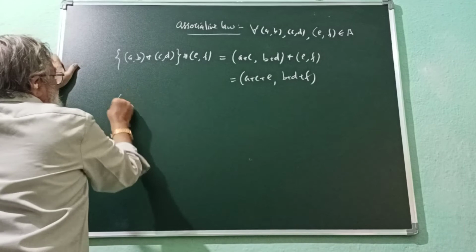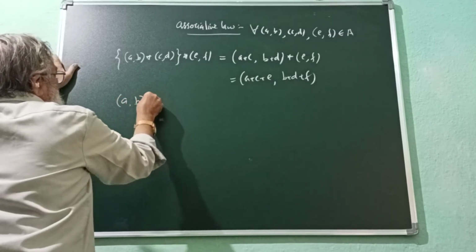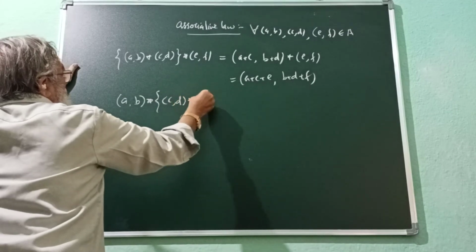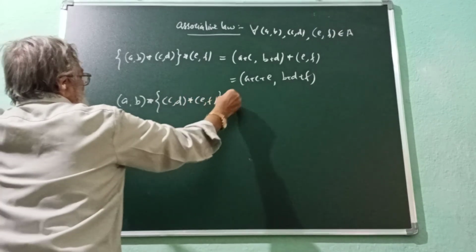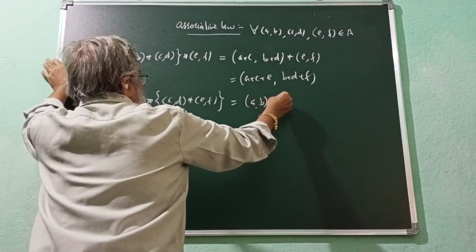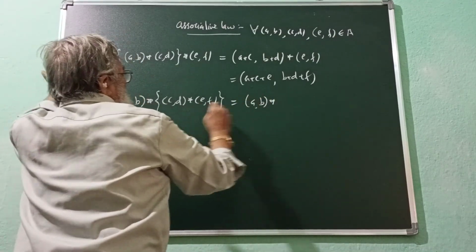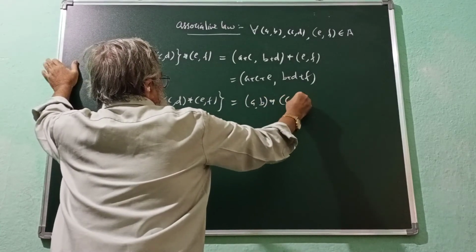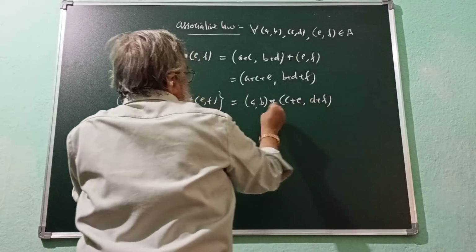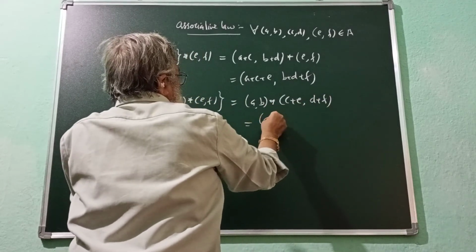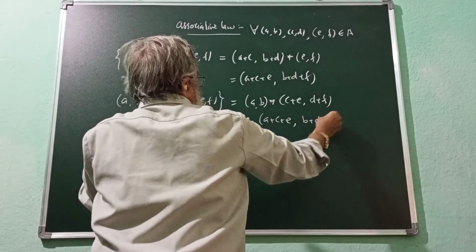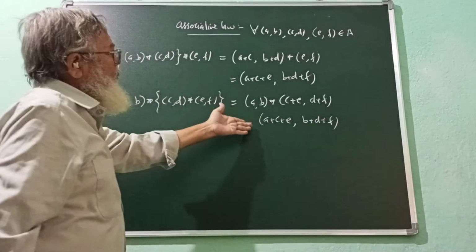Let us check the right hand side of the associative law. That is AB star, first we operate on these two, C plus E, D plus F, and again if we operate on them, A plus C plus E, B plus D plus F. You see both are the same.